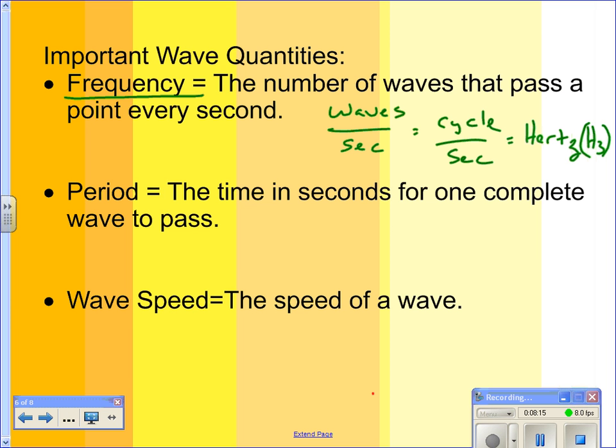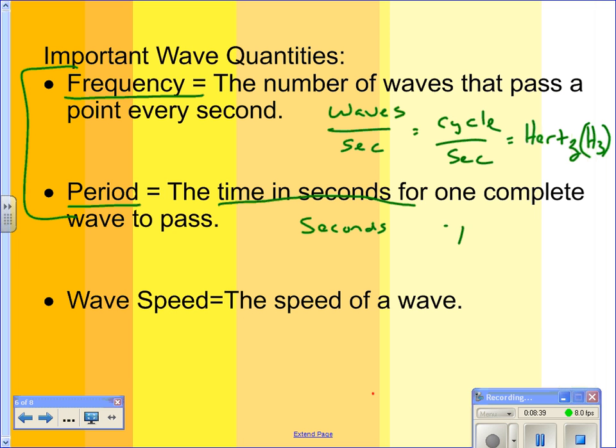Another important aspect is the period. The period is maybe a little easier to grasp. It's simply a time: the time in seconds for one complete wave to pass. So the unit for period is simply seconds. How many seconds does it take a complete wave to go by me? These two are related, and they're inversely related.